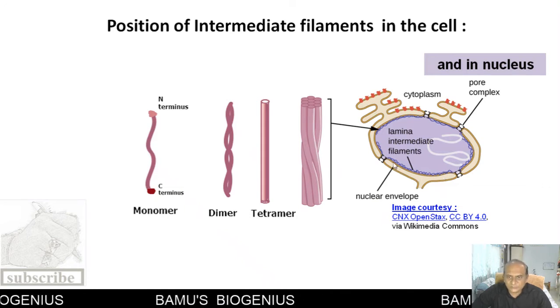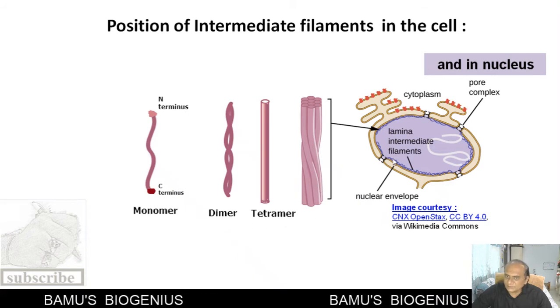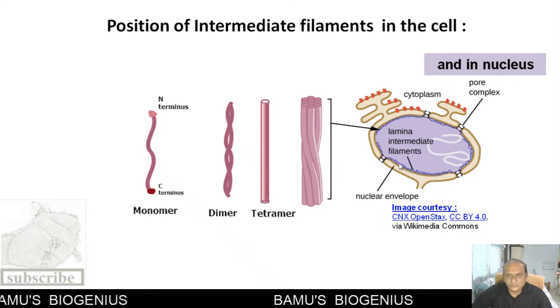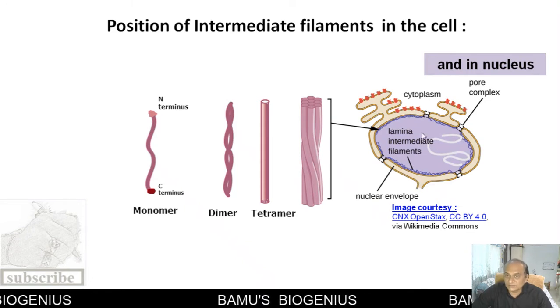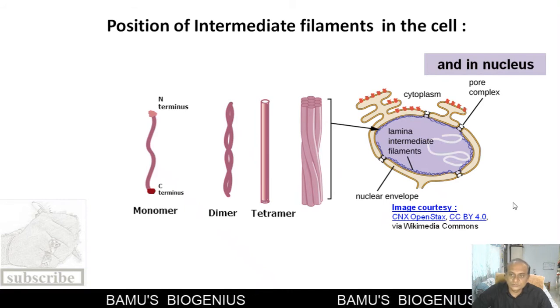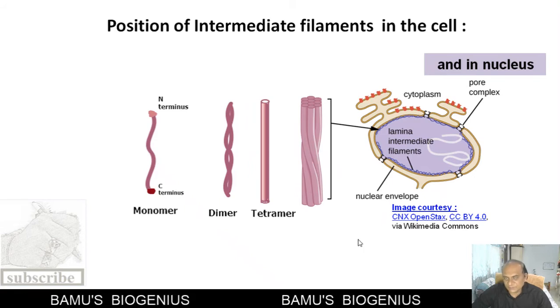This lamin protein also forms a monomer, and these monomers form dimers and tetramers and intermediate filaments, and these intermediate filaments inside the nucleus support the nuclear membrane, or nuclear envelope. This is known as the lamina of intermediate filaments. So this is how we can see intermediate filaments inside the nucleus also.